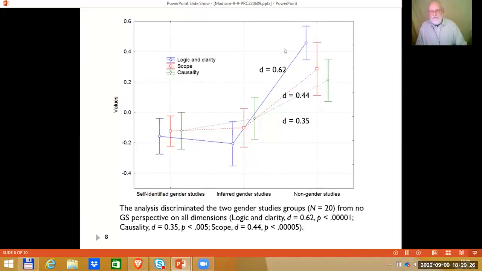Whereas the ones that did not apply a gender perspective had substantially higher ratings, mostly so for logic and clarity, and you see in which direction the results go. These are quite large effect sizes, I would say: 0.62, 0.44, and 0.35.